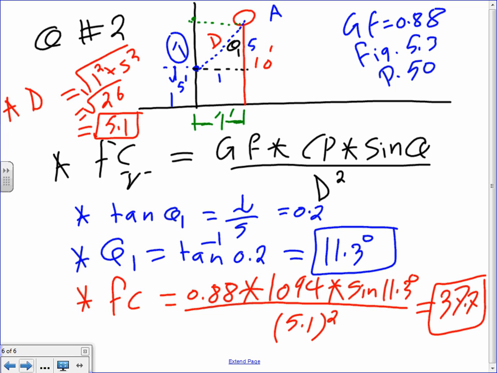Who is the second? State your name, sir, for the record. 37, okay. Who's the third? Where's my third? Brian? You can go to jail if you say third without providing your name.